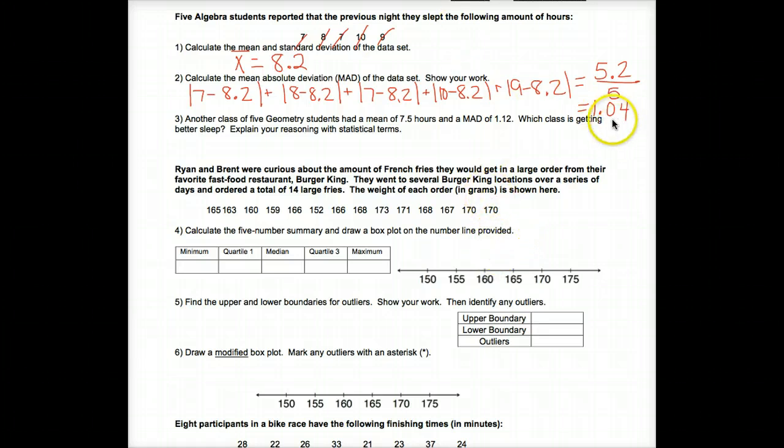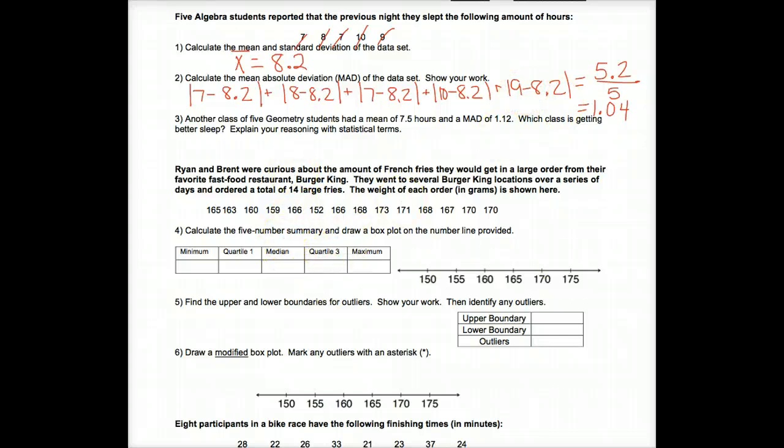Remember that mean absolute deviation as well as standard deviation measure the spread. They're telling you how far data values are on average from the mean. So if our mean is 8.2, it's saying that on average the values are within 1 on both sides of that. So that's what that's saying.